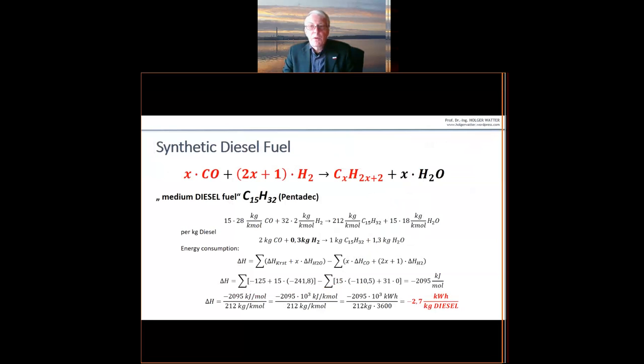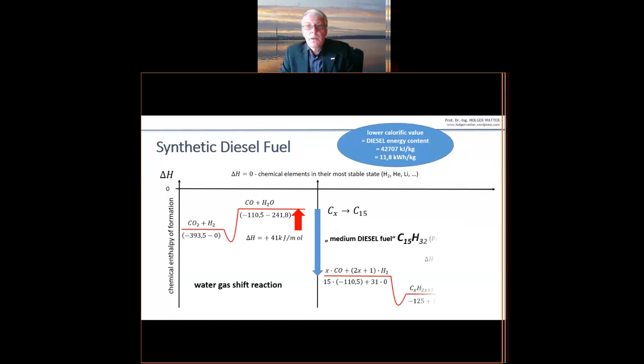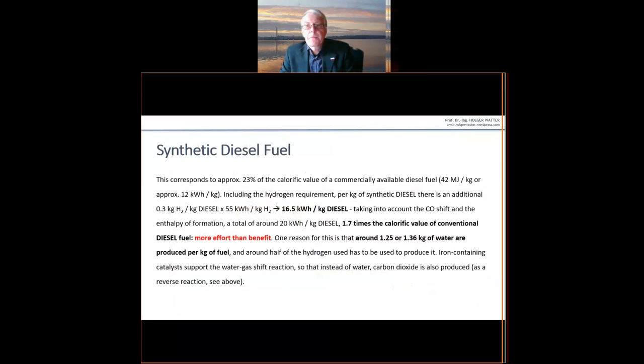Using the example of medium-sized diesel fuels, the energy and mass requirements can be shown. For pentadecane with 15 carbon atoms, 2.7 kilowatt-hours per kilogram of diesel are required. The energy expenditure depends largely on the length of the carbon chain. This corresponds to approximately 23% of the calorific value of the commercially available diesel fuels.